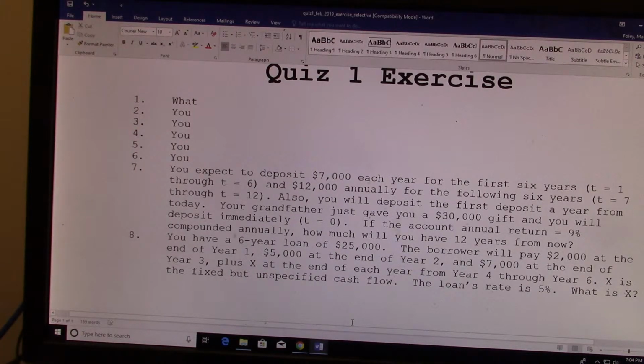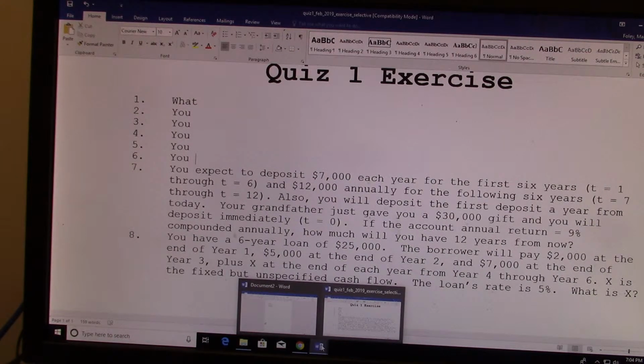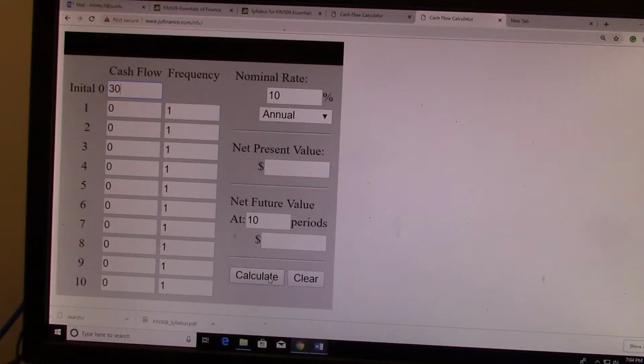So you just put the numbers into this calculator. Present value is 30,000. Your first year deposit is 7,000 for 6 years. Frequency is how many times, so it's 6 years.